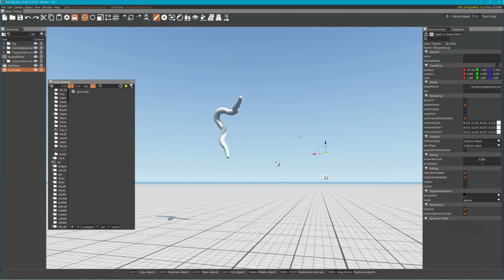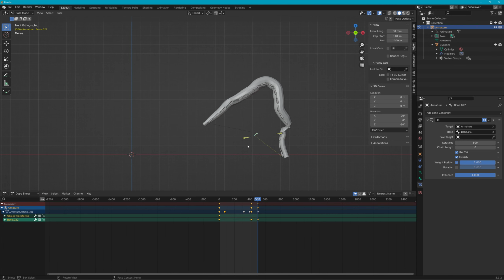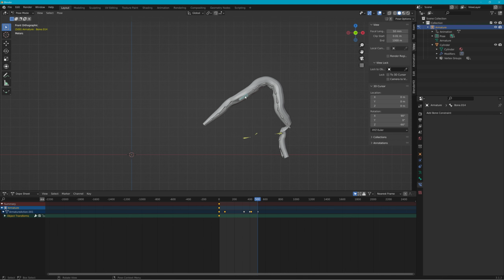Well, I believe we figured it out. No, that's not correct there. Or if it is, I didn't notice. Oh, it is. It is actually twisted there. So inverse kinematics works, apparently.